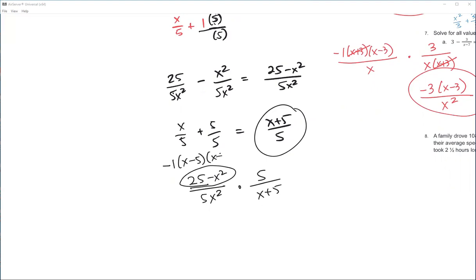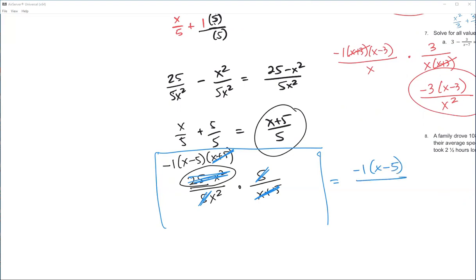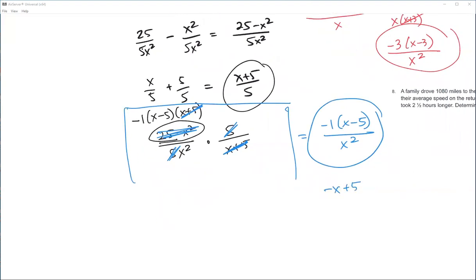I just skipped those steps. So now you can cross these out here. We cross out the 5 here. This equals -1 times x minus 5 over x squared. That's your final answer. You could also write it like -x plus 5 over x squared. That's it.